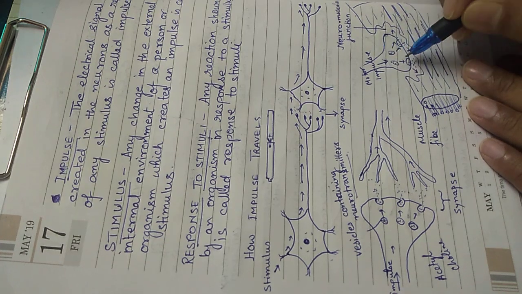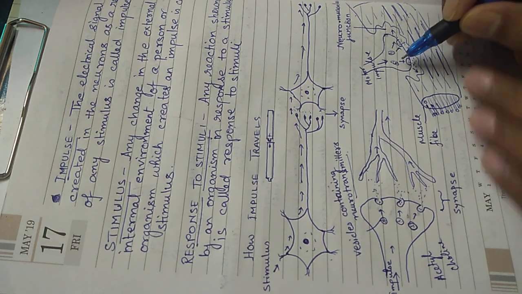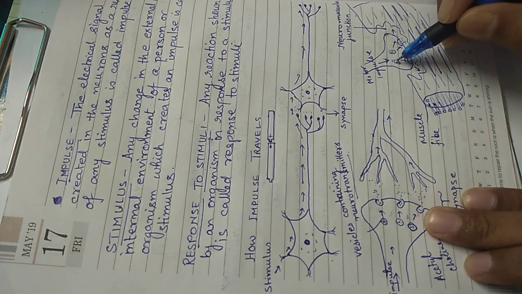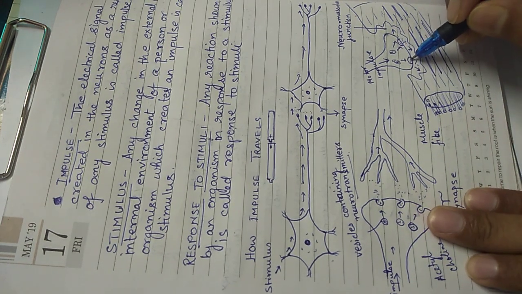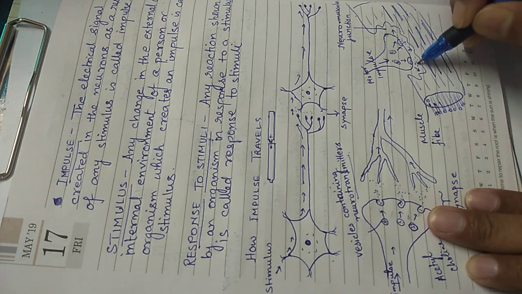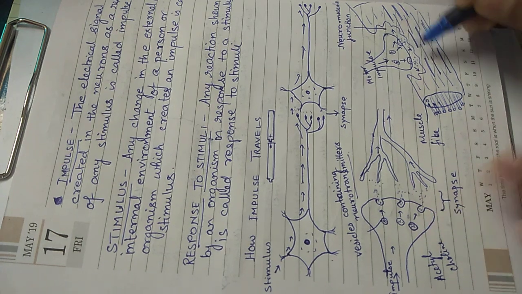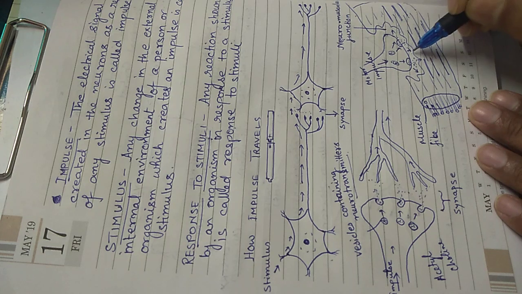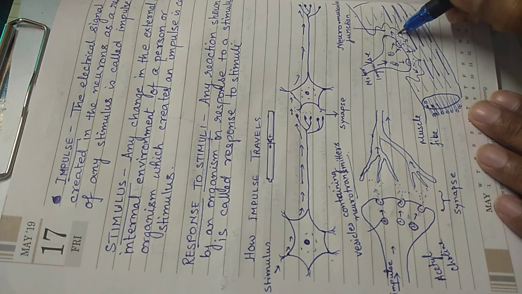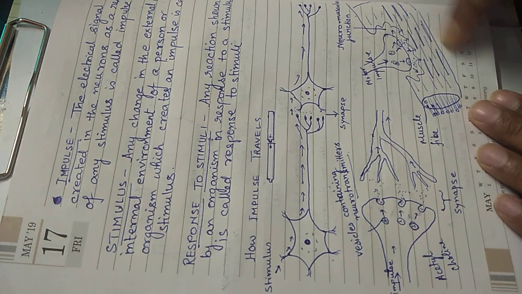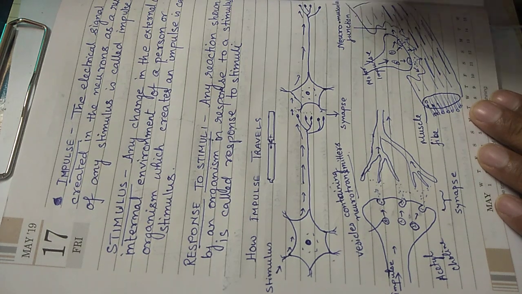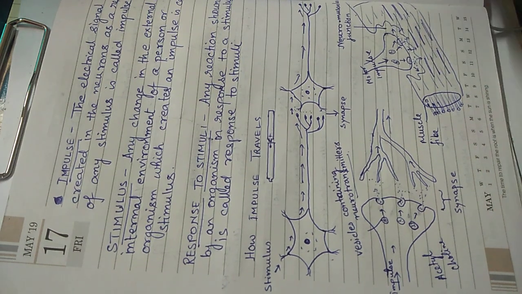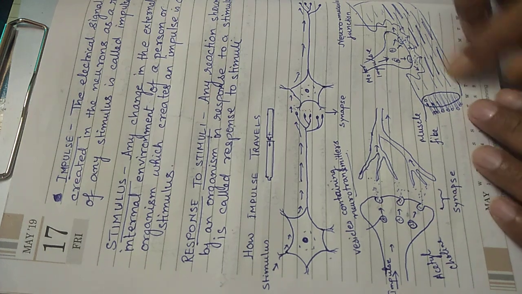When the impulse reaches the nerve ending of the motor nerves, similar vesicles will be created which contain neurotransmitters. Neurotransmitters will be released into this neuromuscular junction, and there are ways by which these neurotransmitters will diffuse into the muscle fiber.